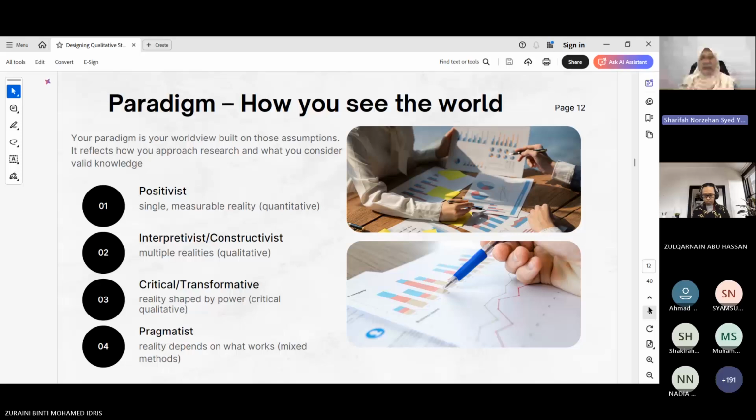So I want to proceed with it, because I want to understand the meaning. When I decide that I want to understand the meaning of those multiple realities, then I have already jumped into interpretivism. So I have to start doing qualitative.